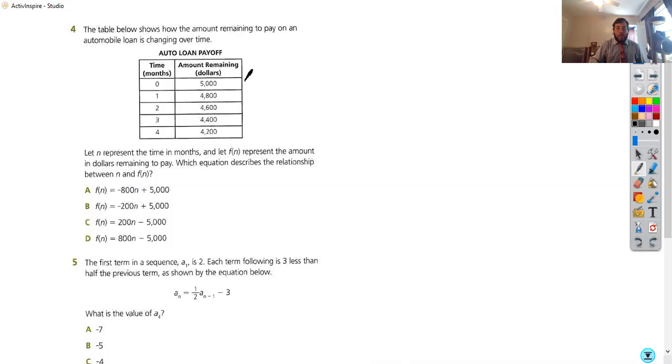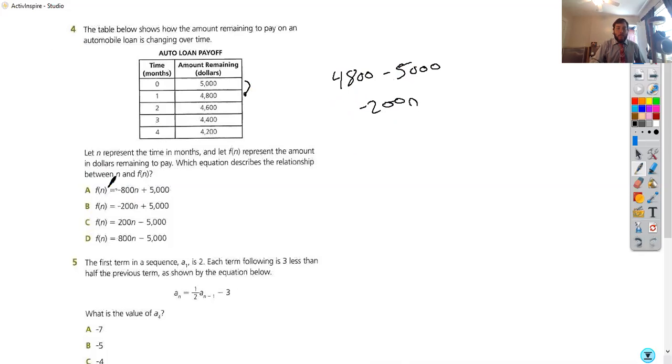So if we're looking from 5,000 to 4,800, if we want to find the common difference, we take 4,800 and we subtract from it 5,000. And you'll see that our common difference here is negative 200. So every single month, we're taking away 200. So negative 200 is going to be multiplied with our variable.